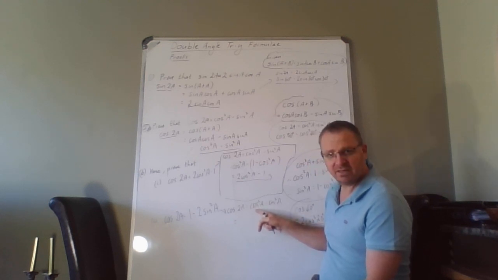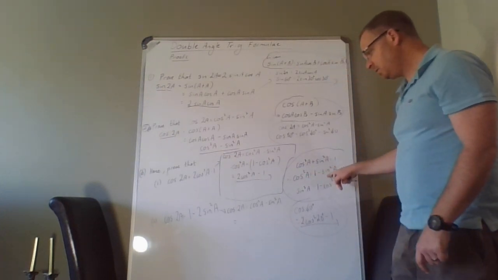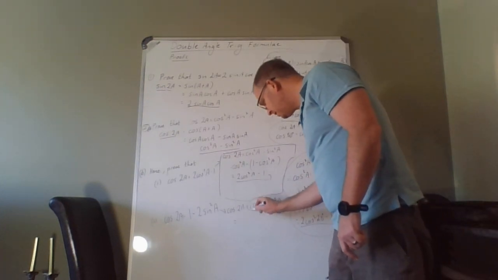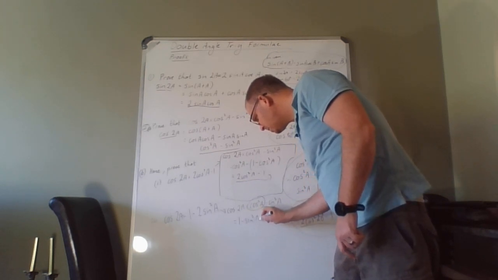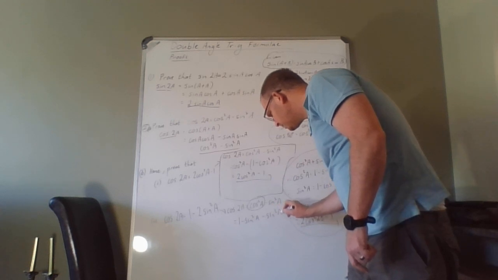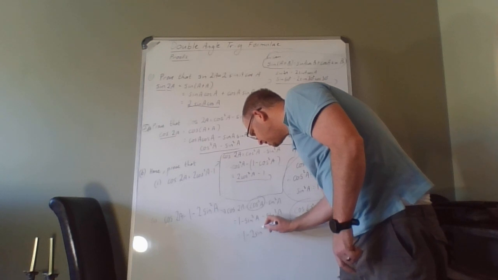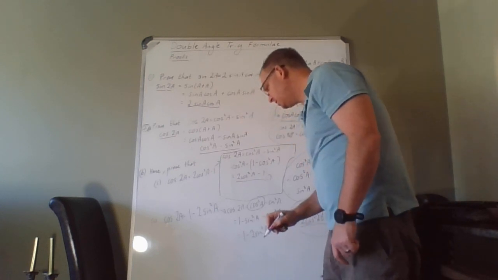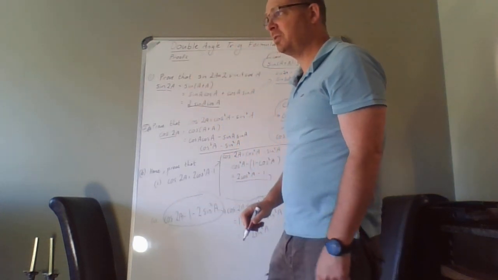I want to express cos squared a in terms of sine squared a. And what do we know? Cos squared a is equal to 1 minus sine squared a. So I replace cos squared a with 1 minus sine squared a. But I've still got to minus that sine squared a, which gives me 1 minus 2 sine squared a. So in other words, I've shown cos 2a is 1 minus 2 sine squared a.